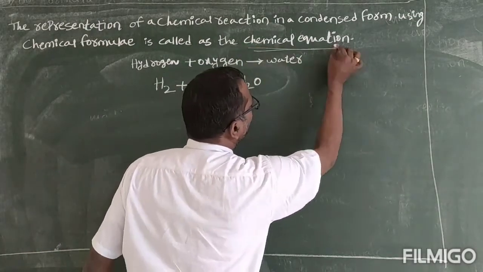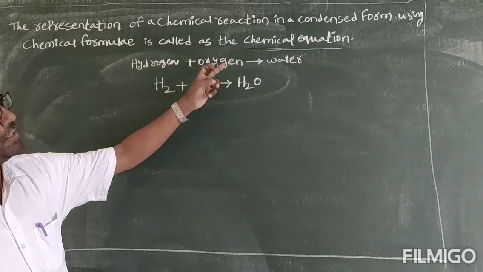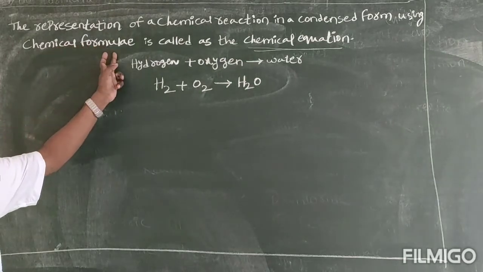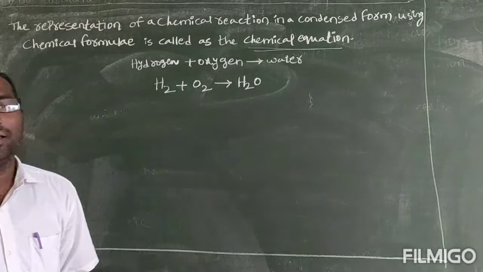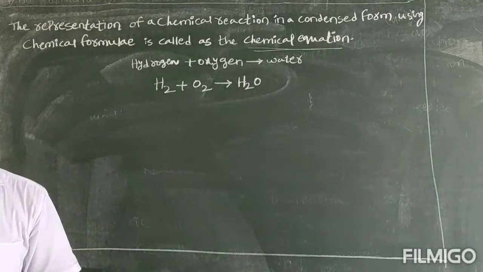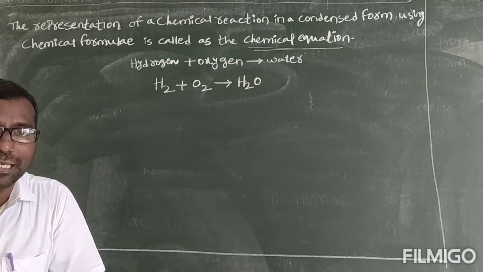See, what is a chemical equation? The representation of a chemical reaction in a condensed form using chemical formula is called as the chemical equation. Okay? See, writing a word equation using symbols and formula is called as a chemical equation.